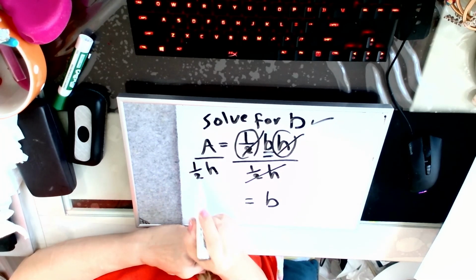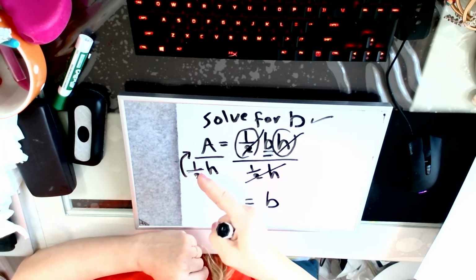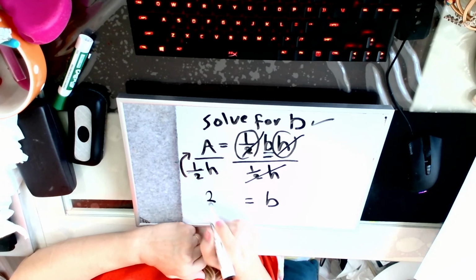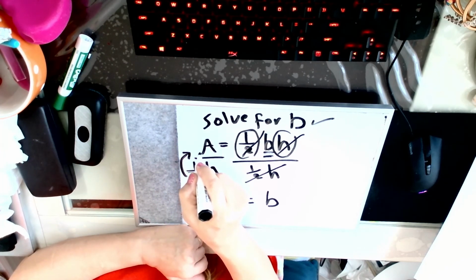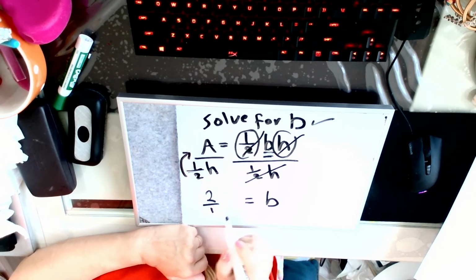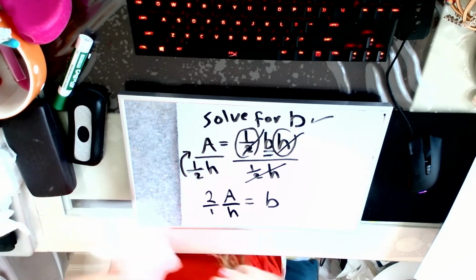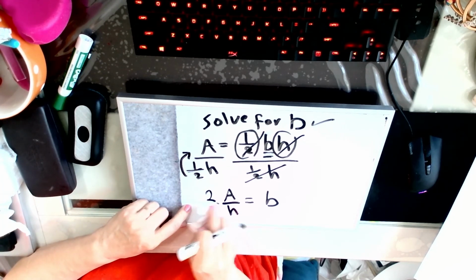And this one, half of H, we can transfer this fraction to the top by switching the fraction. So it's going to be 2 over 1. It means it's going to be 2. So it's 2 times A over H. We don't need the over 1.